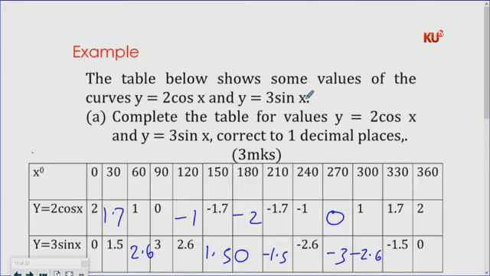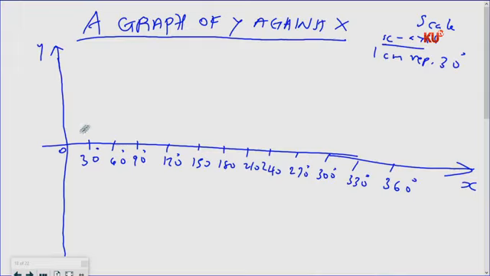Then on the y-axis, as you can see, the highest value is 1.7, and the least value is -3. So we can have 1, 2, 3, -1, -2, -3.